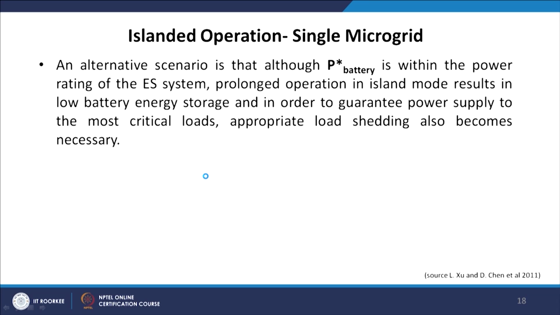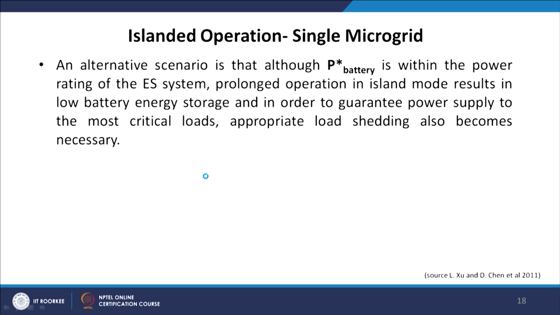An alternative scenario is that although the P battery is within the power rating of the ES system, prolonged operation in islanded mode results in low battery energy storage, and in order to guarantee power supply to most of the critical loads, appropriate load setting also becomes necessary.